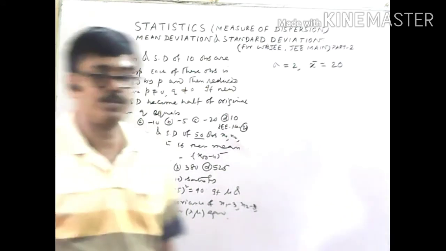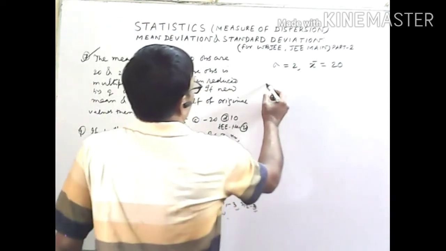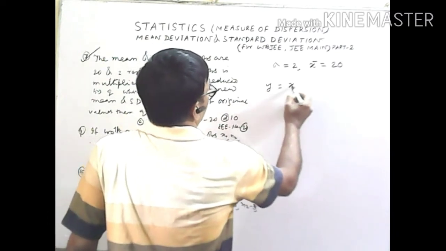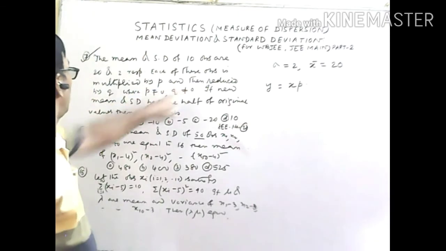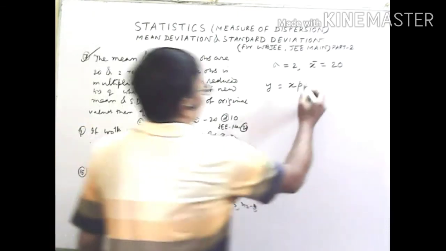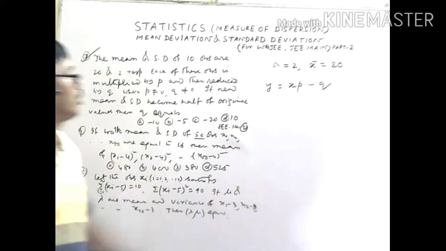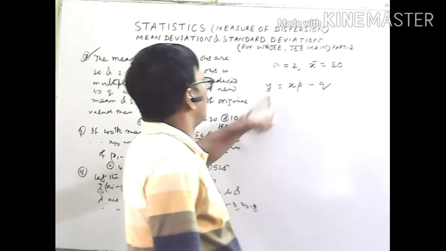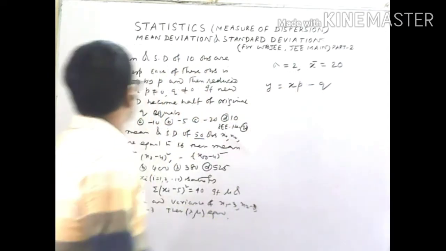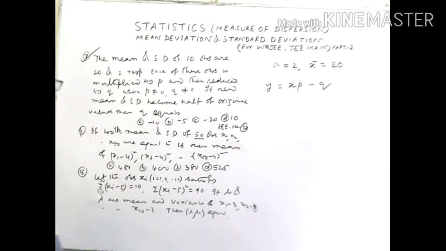Each of these observations is multiplied by p and then reduced by q. So y equals xp minus q. The new variable is y, the original is x, p not equal to 0, q not equal to 0.